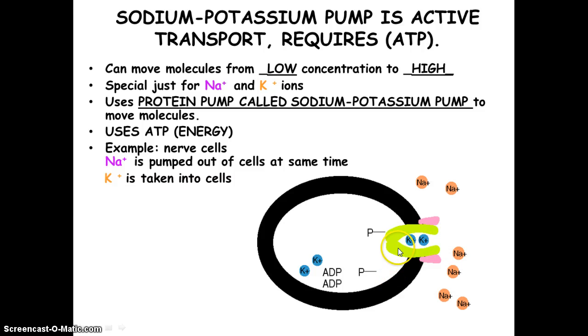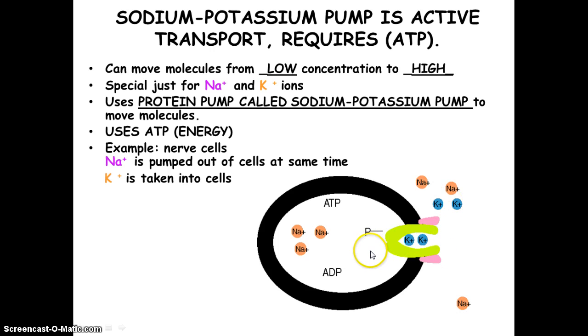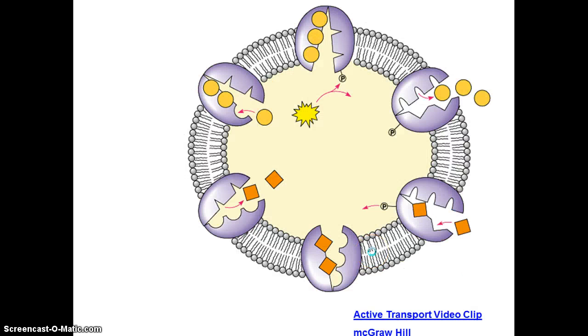And how it does this is that ATP attaching to this protein causes a change in shape and moves 3 sodium ions out of the cell and 2 potassium ions into the cell. So if you look at this next screen, it has a better picture here.